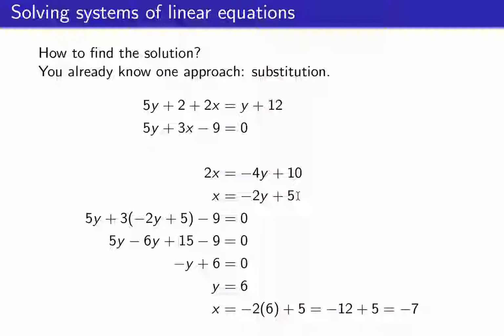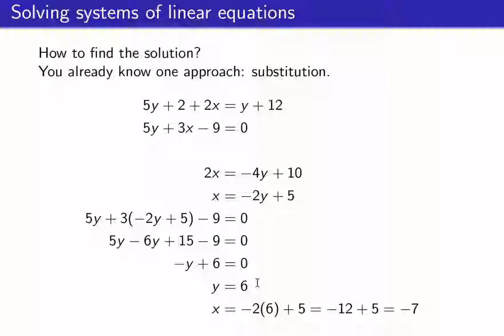Anywhere else where we see x, for instance, this equation we haven't used yet, we're going to stick in this for x, and then we won't have any x's anymore. So we get 5y plus 3. Instead of x, we write -2y plus 5 here. Minus 9 is equal to 0. And then from here on out, this is just one equation with one variable, and you can solve it. Just multiply this out, combine terms, you get y equals 6.